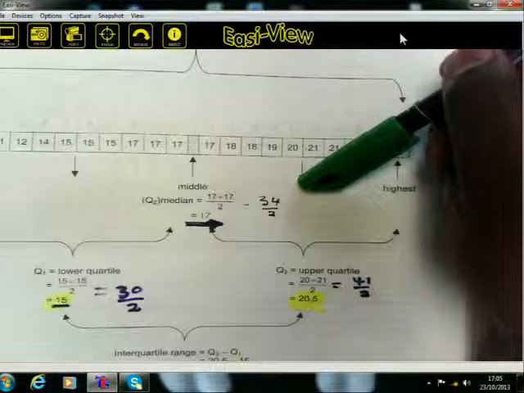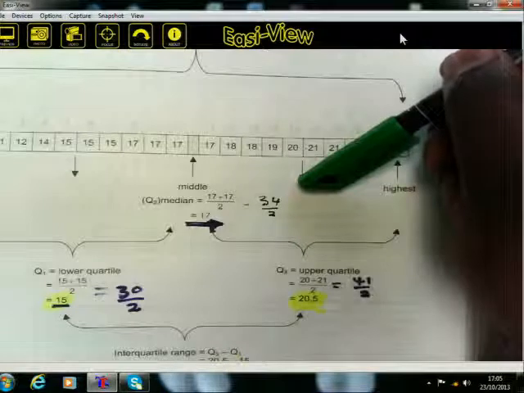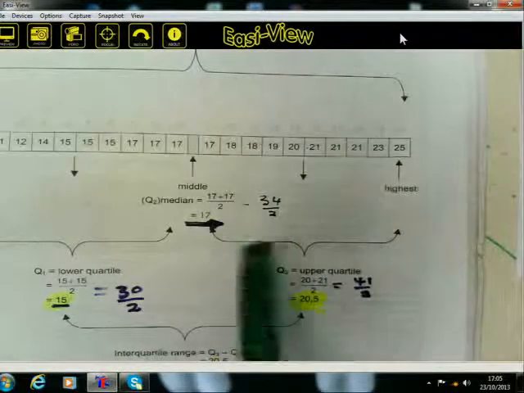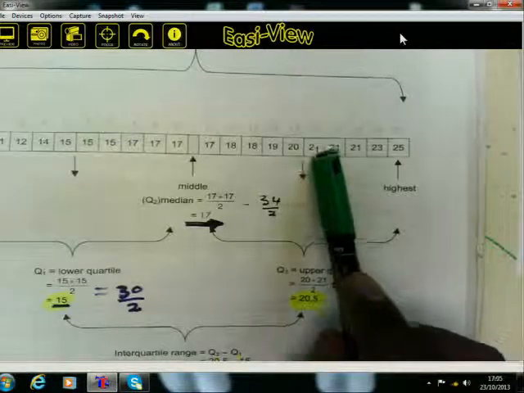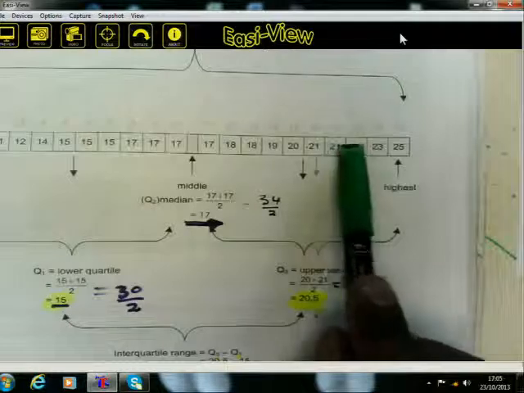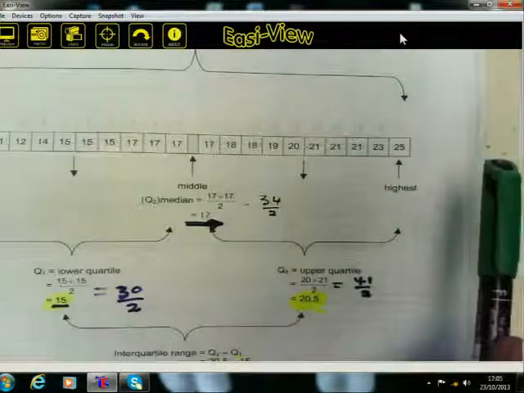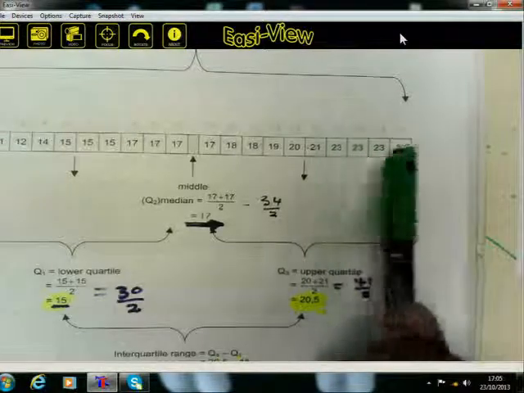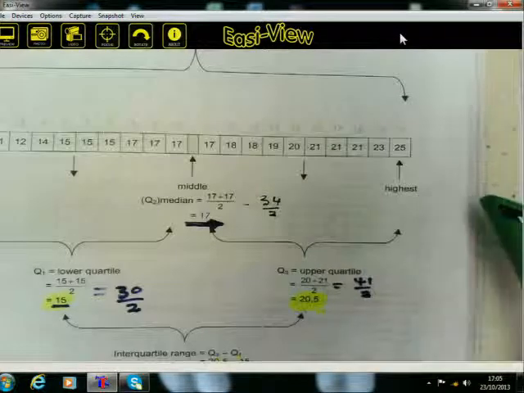And the remaining 5 got above 20.5. You can see it. Remember, 21 is above 20.5. That means how many numbers? 5 numbers, 5 people got more than 20.5.